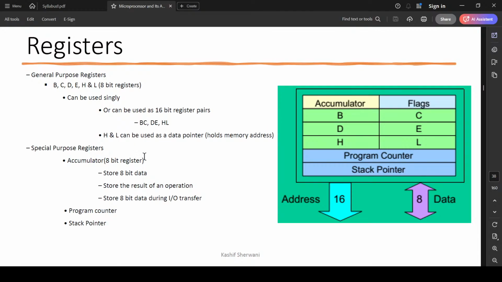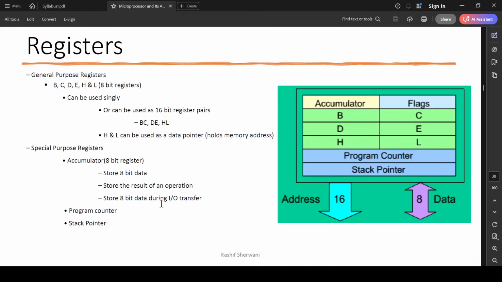Special purpose register: accumulator, 8-bit. What this register does is it stores the result of the operation that is being done in the arithmetic logic unit. It also stores 8-bit data during IO transfer.